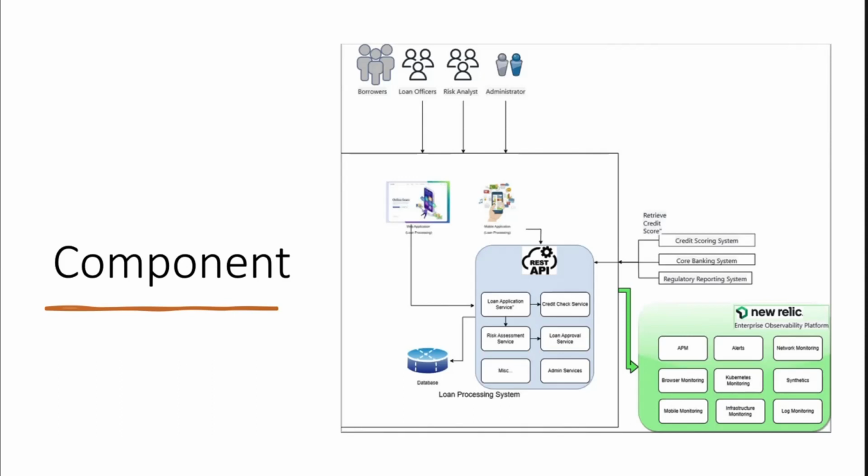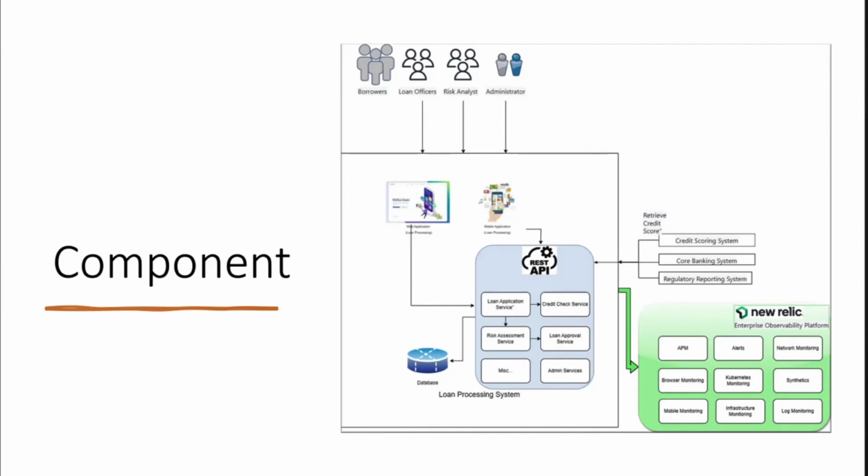In this case, we have the loan application service for managing loan application submission, credit check service for interacting with the credit scoring system, risk assessment service for assessing loan risk based on application data and credit scores, and loan approval service for finalizing the loan approval. Interactions again play an important role here. So we also look at how each of these components interact with one another, and we draw the lines. That gives an idea of how things come together to deliver the functionality.